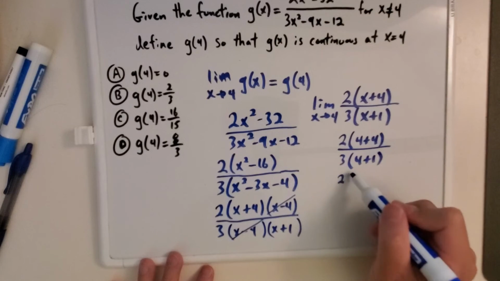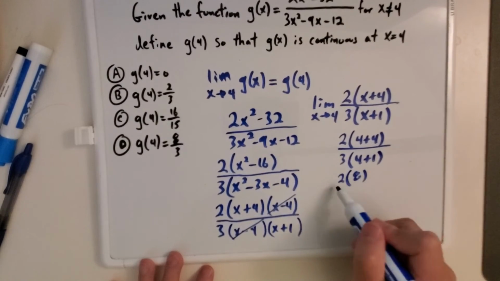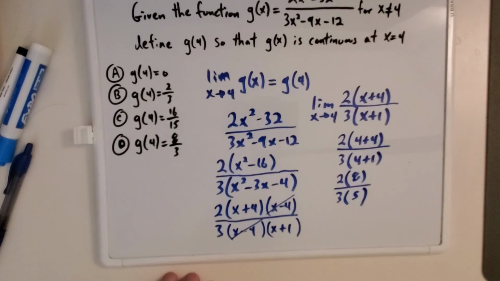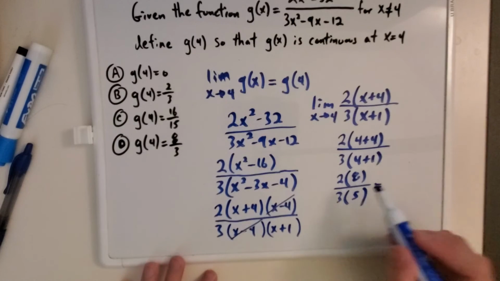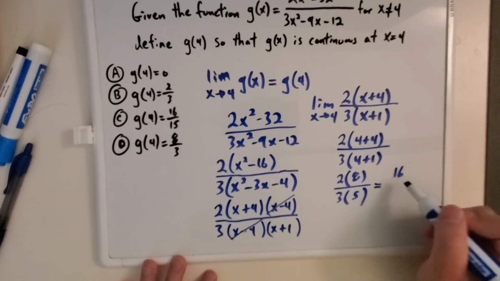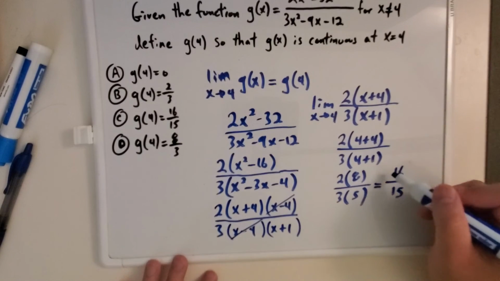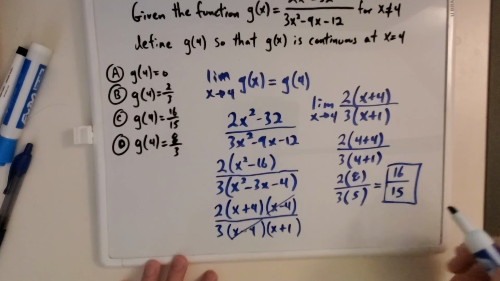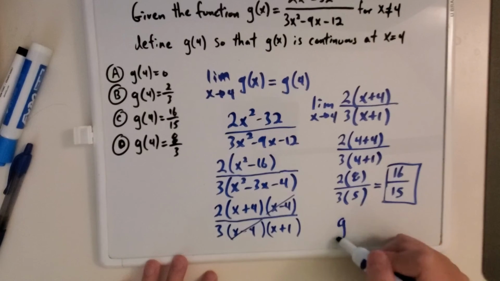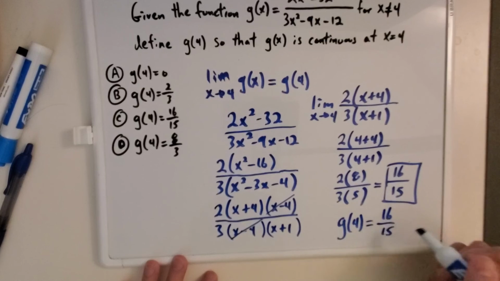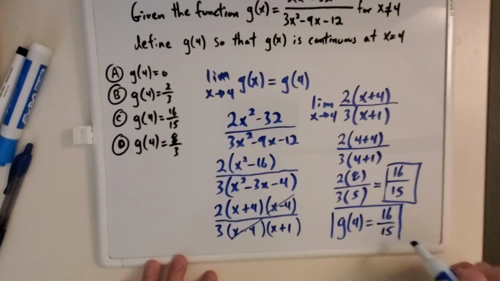This would be 2 times 8, and then 3 times 5. Now we have 2 times 8, which is 16, and 3 times 5 is 15. So what we want is that we want g of 4 to equal 16 over 15 in order for g of x to be continuous at x equals 4.